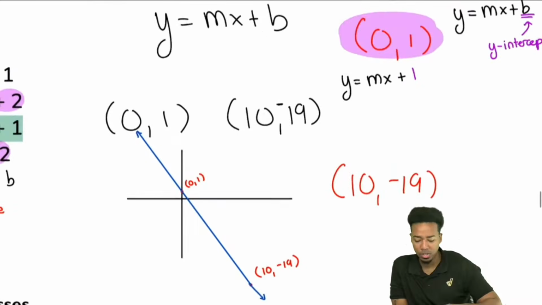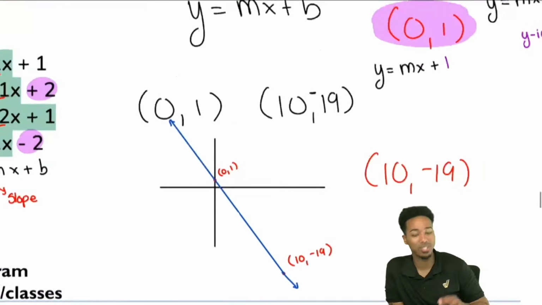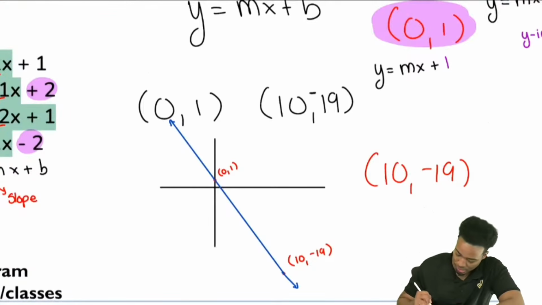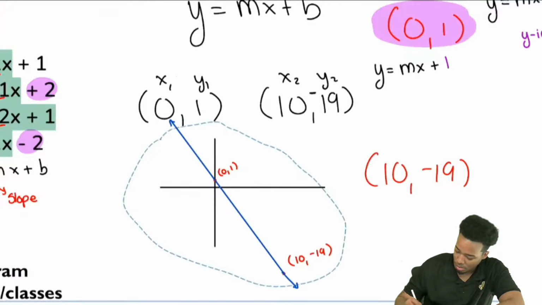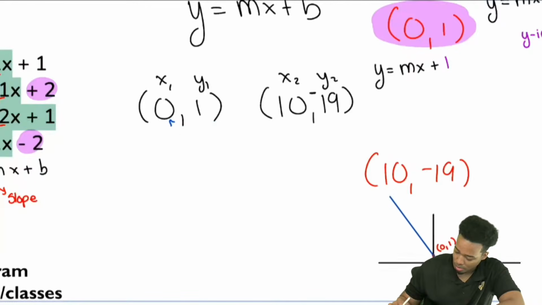And the last way is just to go ahead and calculate the slope, and you'll see that the only answer with the right slope is there. So we can treat this like x1, y1, x2, y2, and we can fill in our formula.